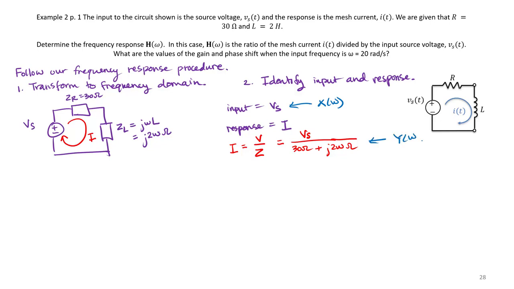So in this case, we know that our input x of omega is just Vs, and our response is Vs divided by 30 plus j2 omega.